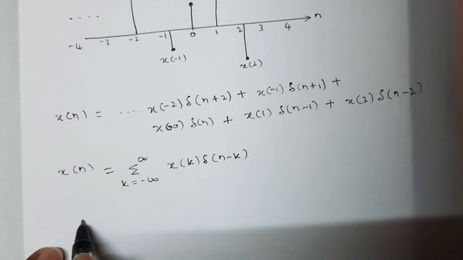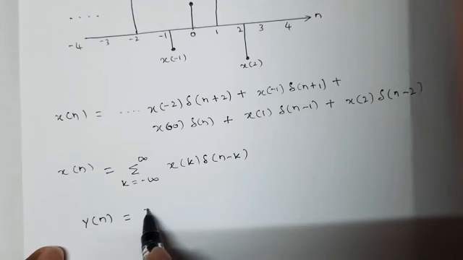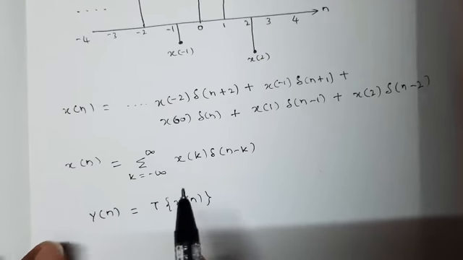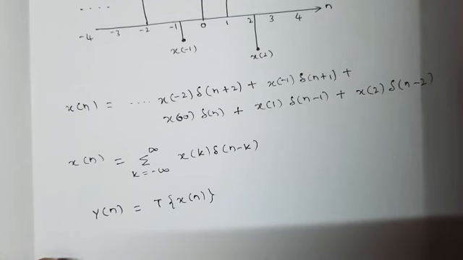Now, y of n can be represented for an LTI system as T of x of n. That is, when you give x of n to an LTI system, it is operated as T of x of n.